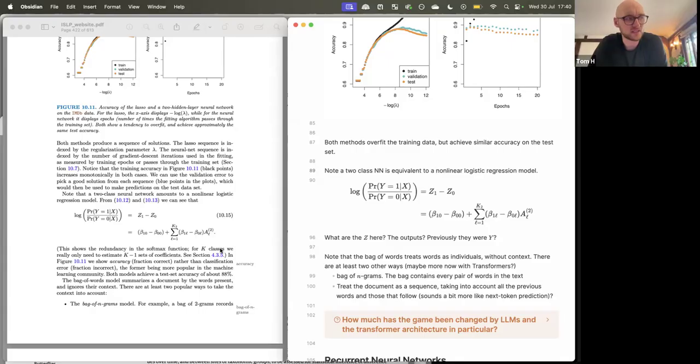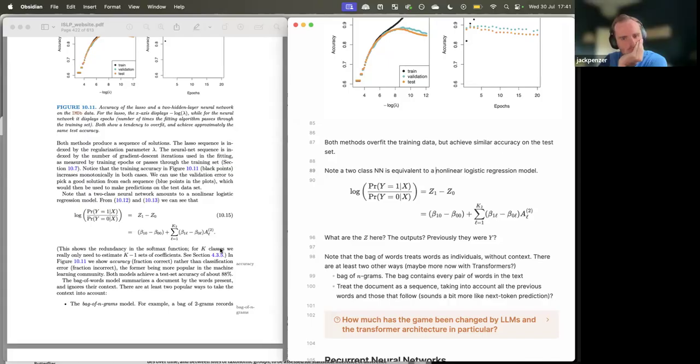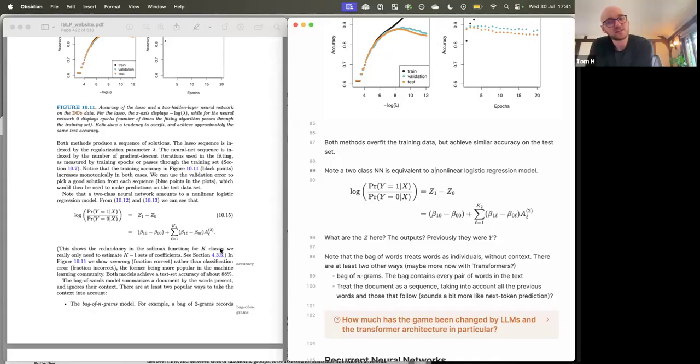Right. Yeah. I don't think it makes that explicit, but I think this is sort of getting towards it, where you're saying you're treating words as individuals. I don't think I thought it did matter, and I don't know if that's from the book or just from feeling.